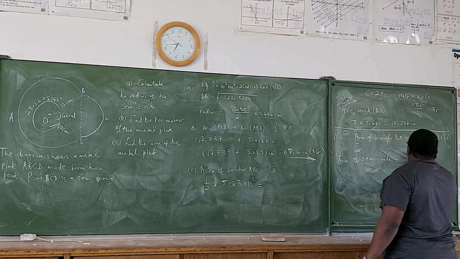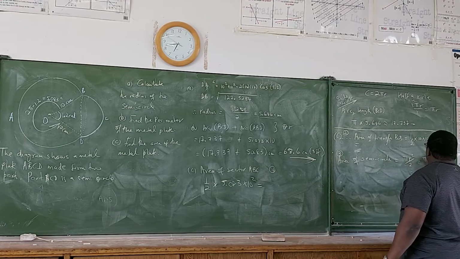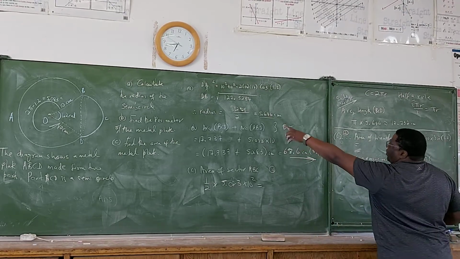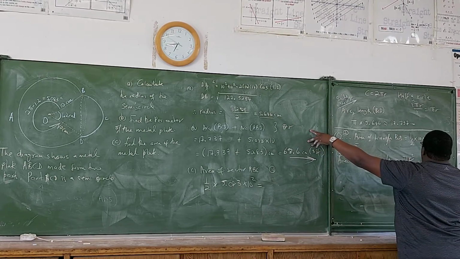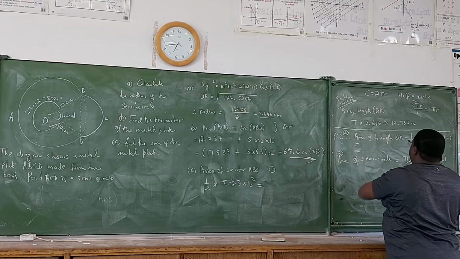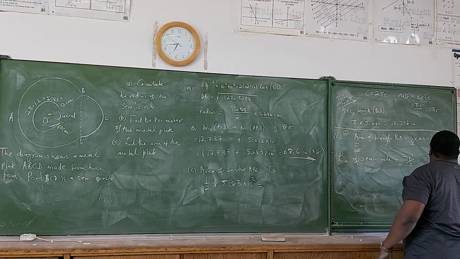It's pi r squared. So pi, what is the radius? It's the one that we calculated, 5.646 squared, divided by 2.